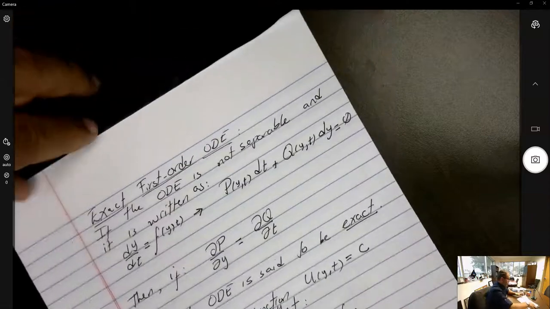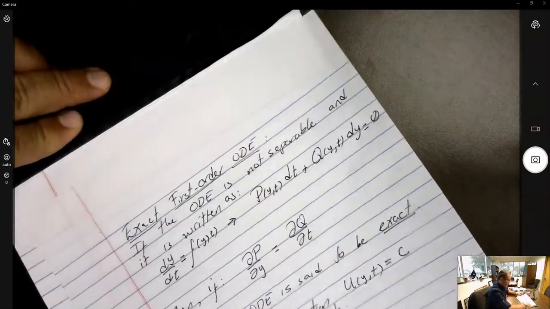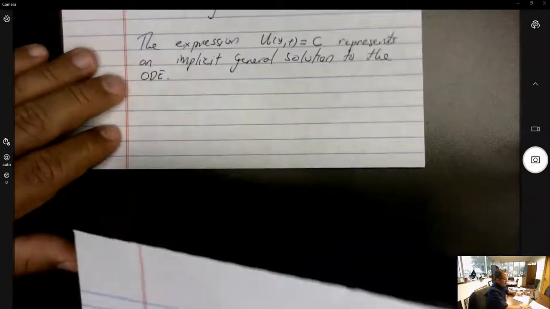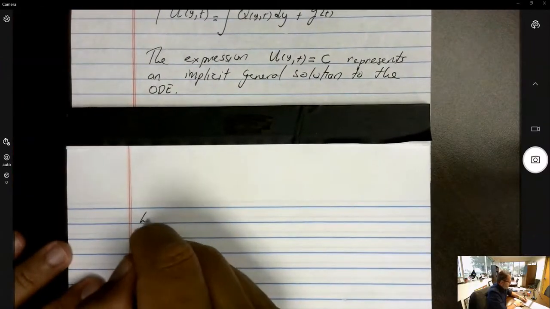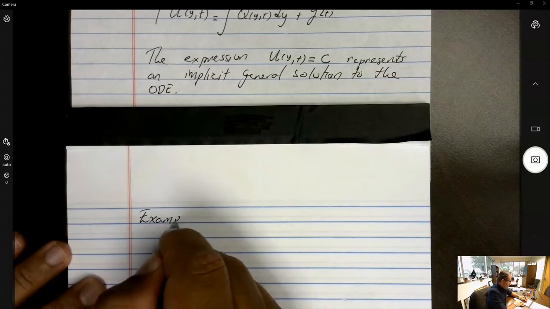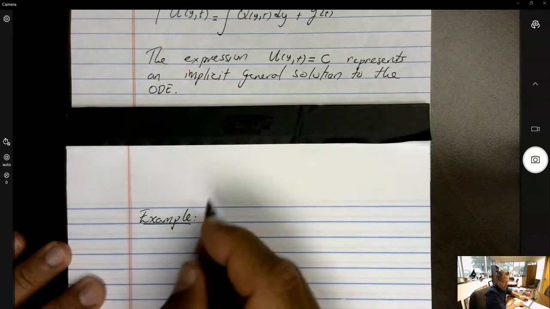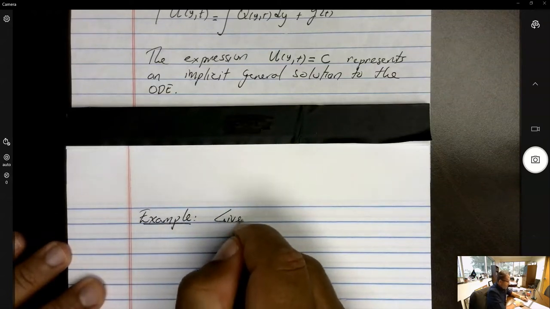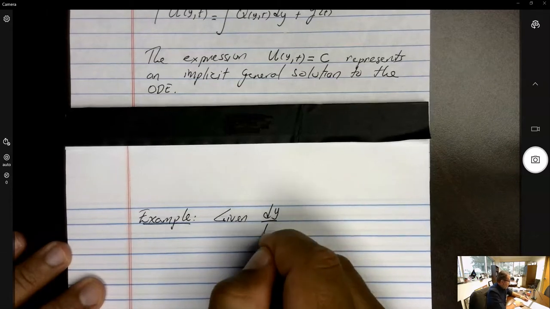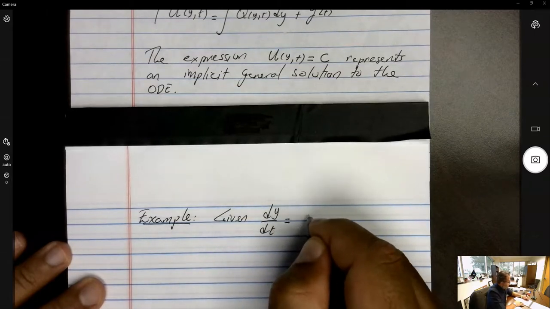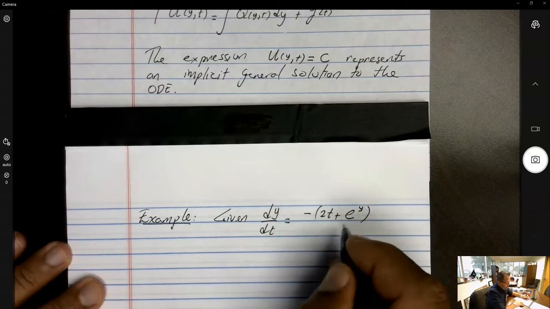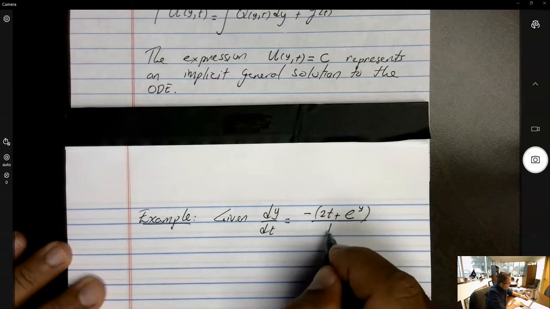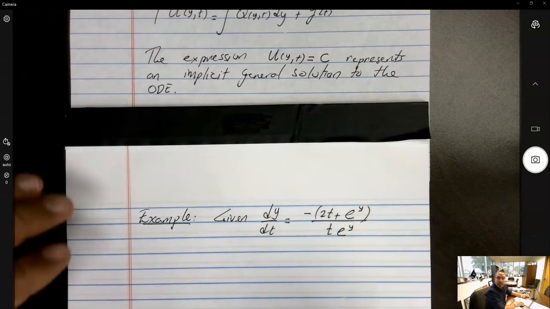So let's go to another page and see. Example. So given the differential equation dy dt is equal to minus 2t plus e to the y divided by t times e to the y.